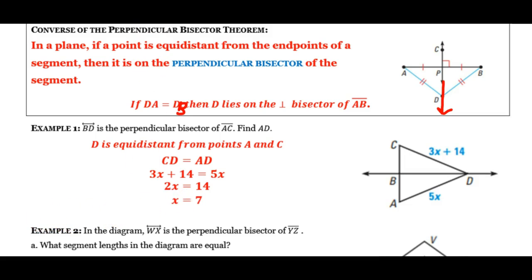So x equals 7. So if x equals 7, then AD must equal 35. Now, if you want to check that, you could plug in the 7 here, and 21 plus 14 is also 35.